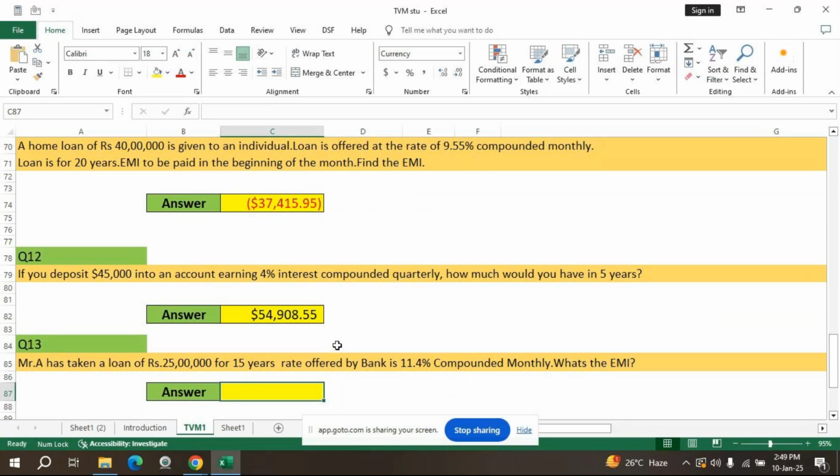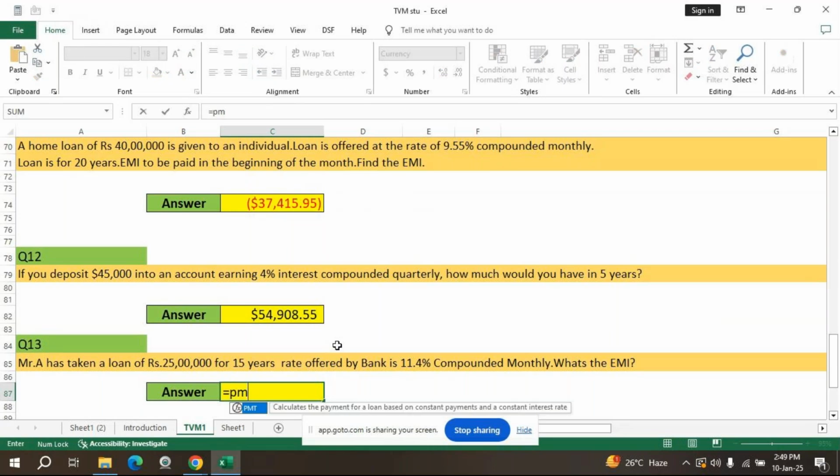So here we have to use the PMT function, right? So is equal to PMT open bracket. Now compounded monthly they have given. The rate is 11.4%, so the rate will be divided by 12. Then the number of periods: the years will be multiplied. So comma, nper, that means 15 into 12.